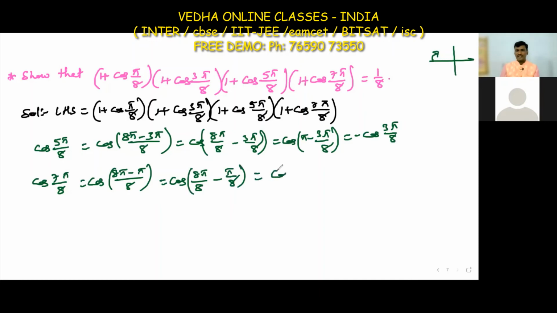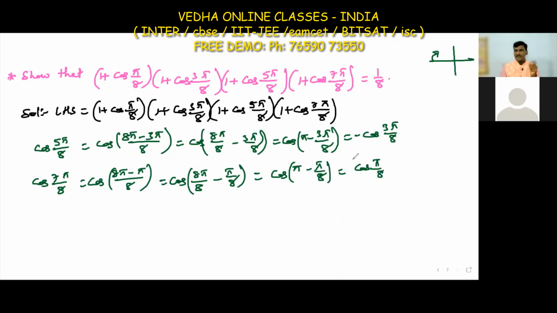The 8 cancels, so cos of pi minus pi by 8. And when we have 180 degrees, for cos we get the cos again. So cos pi by 8.